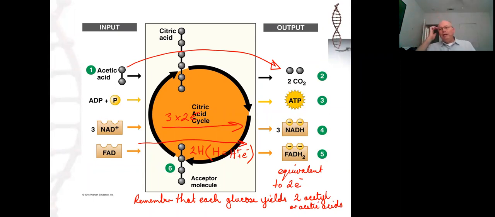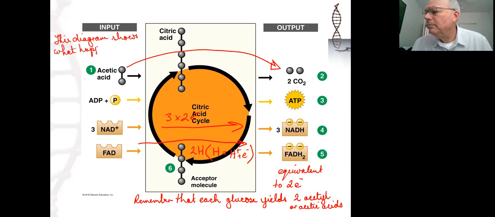So if we're thinking in terms of the overall energy math and chemical math here, while this shows us what happens for a single pyruvate, we do need to remember that if we're thinking in terms of a glucose molecule, we have to double down on everything here.